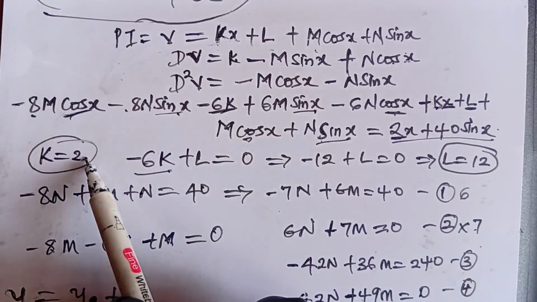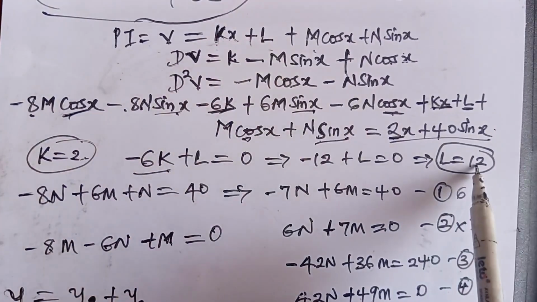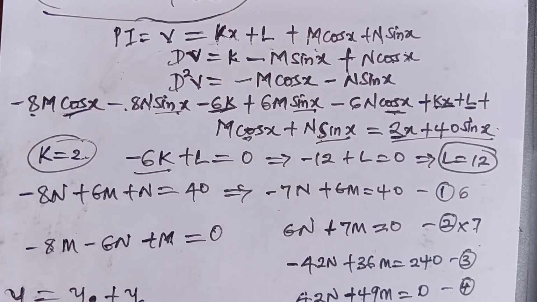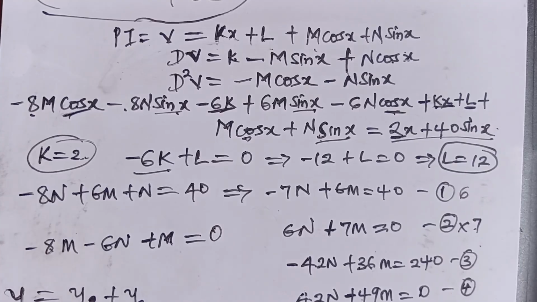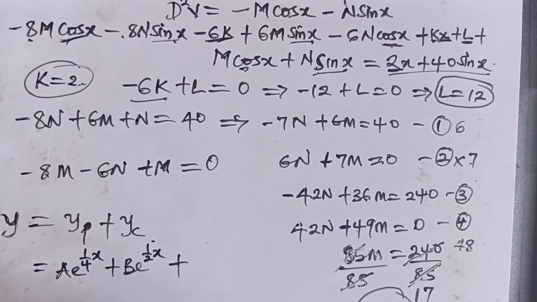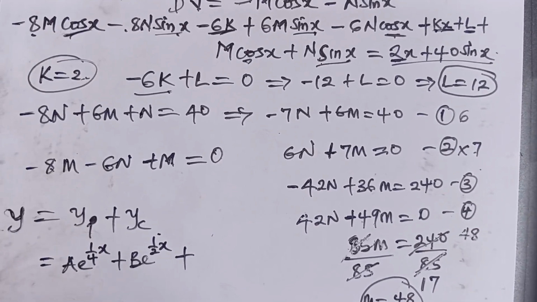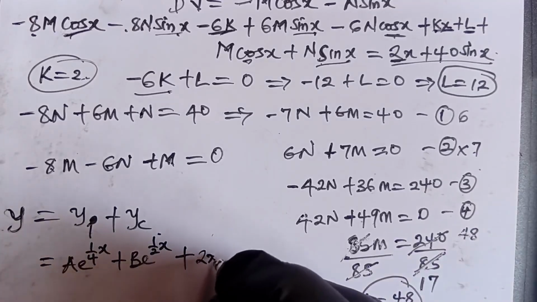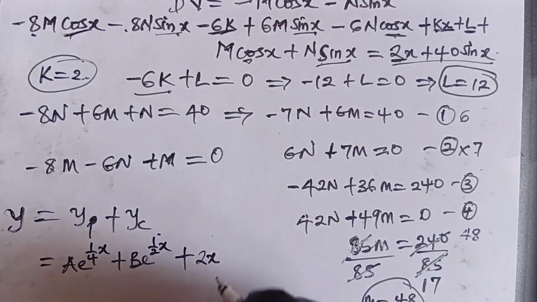K is 2, L is 12, m is 48 over 17, n is minus 56 over 17. So I want to plug in those values for k, l, m, and n respectively, and this will be the answer. K is 2, so we have 2x. L is 12, we have 12.